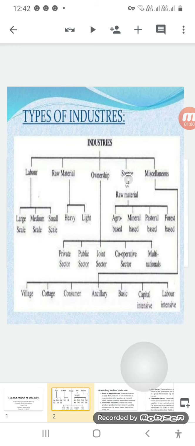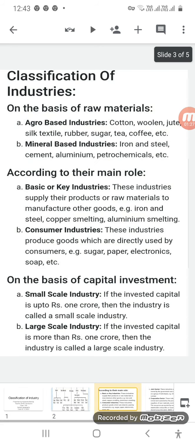On the basis of source of raw material, we have agro based industry, mineral based industry, pastoral industry, then forest based industry. And on the basis of miscellaneous reasons, we have village industry, cottage industry, consumer industry, ancillary industry, basic industry, capital intensive industry, and labor intensive industry. Now we will discuss them one by one.